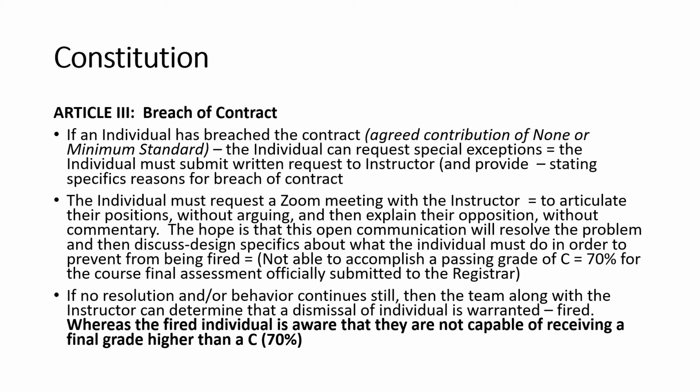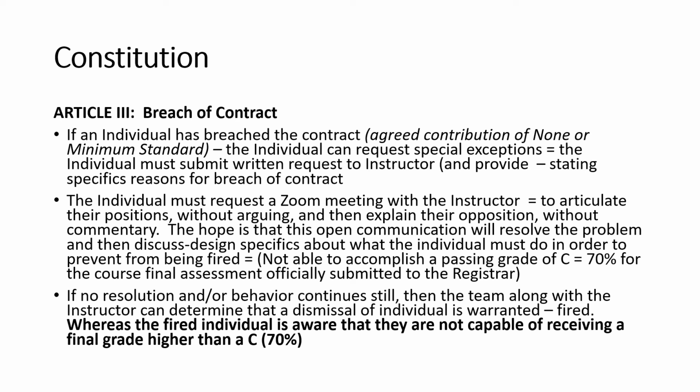Article 3 then is components of breaching the contract. Again, as we've talked about, minimum or no minimum standard or none, then you're in jeopardy of getting that below C, below 70% grade. If you've got questions on that, you need to be proactive. Don't wait till the last second.